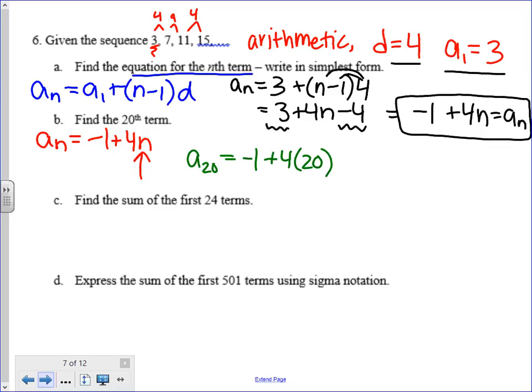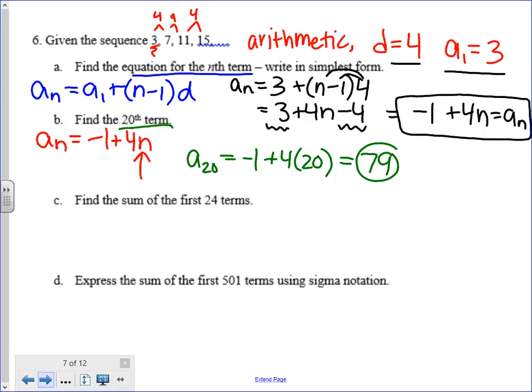That gives me a value of 79. That is the 20th term of this sequence. That means if I were to write out 3, 7, 11, 15, 19, 23, and on, and I wrote 20 numbers out following that pattern, the 20th number would be 79.